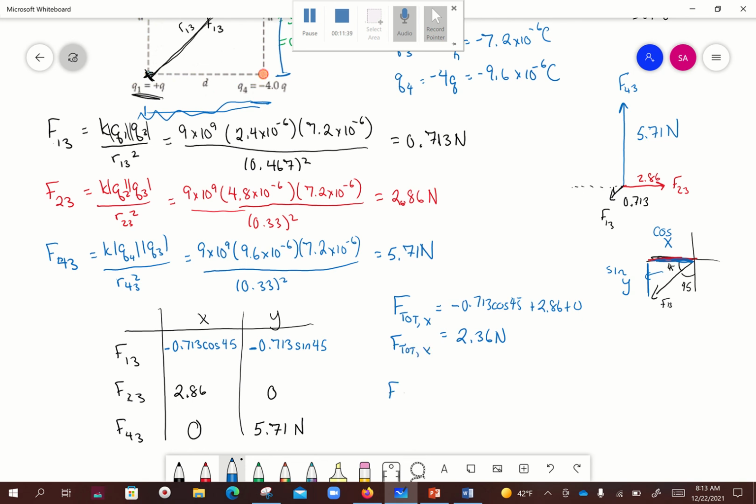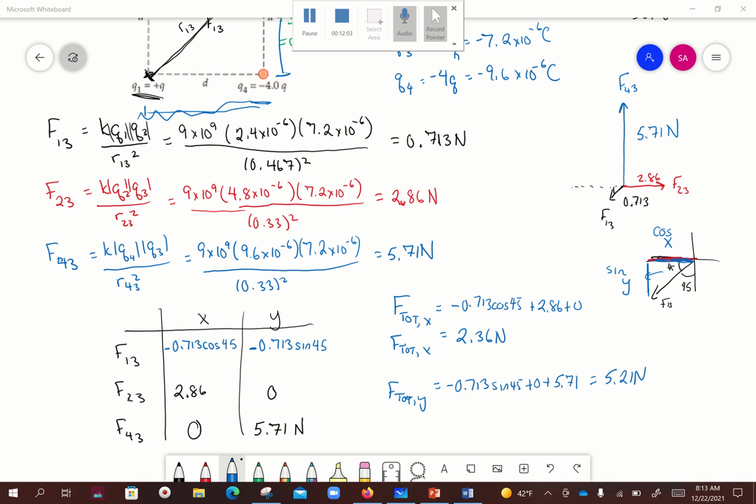Total in the y direction, I'm going to add up down my y column. So I'm going to get minus 0.713 sine of 45 plus 0 plus 5.71, and I get a total number of 5.21 newtons.